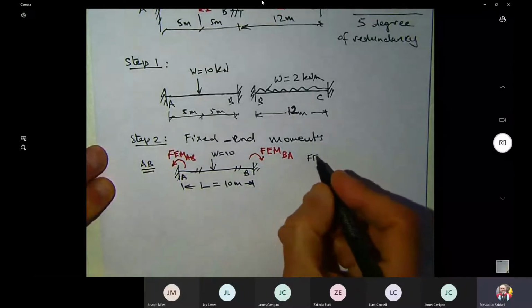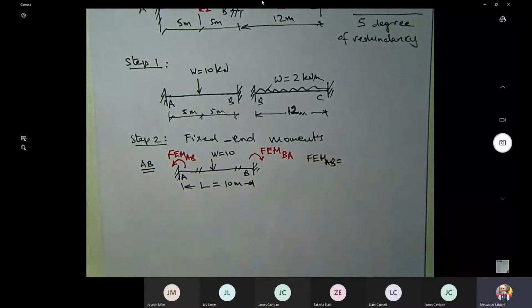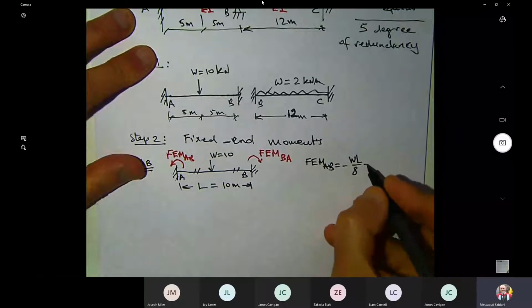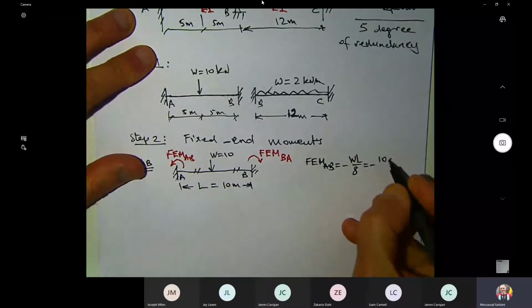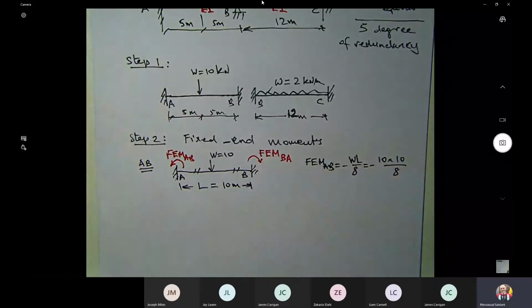So what is FEMAB from the table? Minus WL over 8. If you know it on top of your head, fine. If not, don't worry, okay? You can use the table. So we have got minus WL over 8, which is minus 10 times 10 over 8. And I believe that should give 12.5.